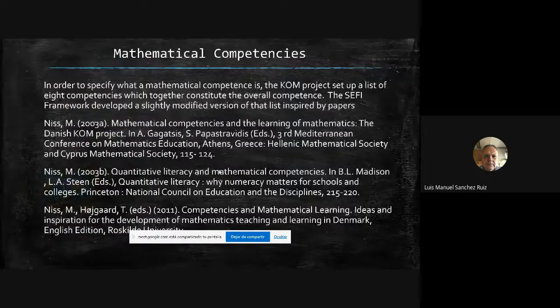And in this booklet, you can find a long discussion about mathematical competences, and they worked very hard.